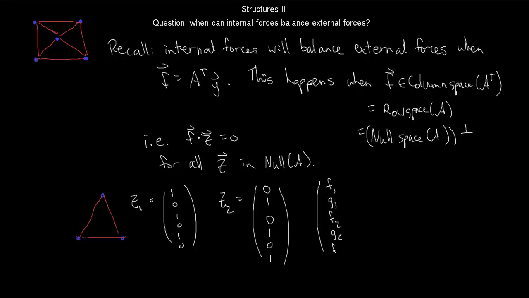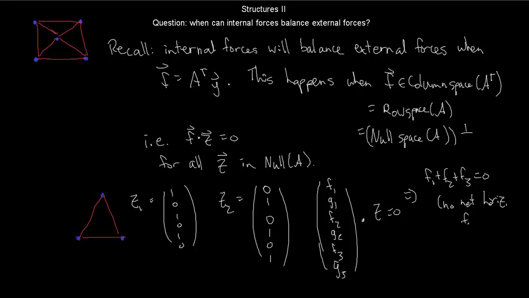But instead of doing rotations, let's just imagine what it would take for a force F1, G1, F2, G2, F3, G3 to balance with, say, Z1. Well, that just means that to be balanced on this structure, it has to have a dot product of 0 with Z1, which exactly means that F1 plus F2 plus F3 has to be 0. That is, there's no net horizontal force.